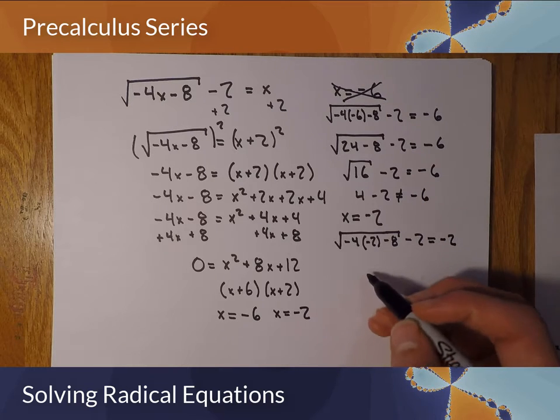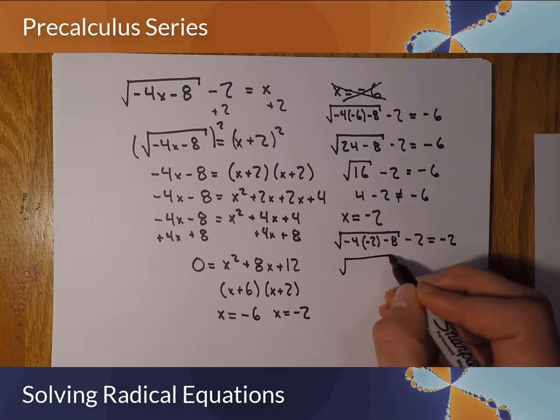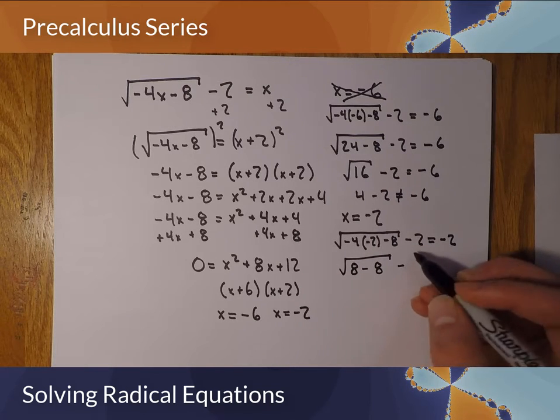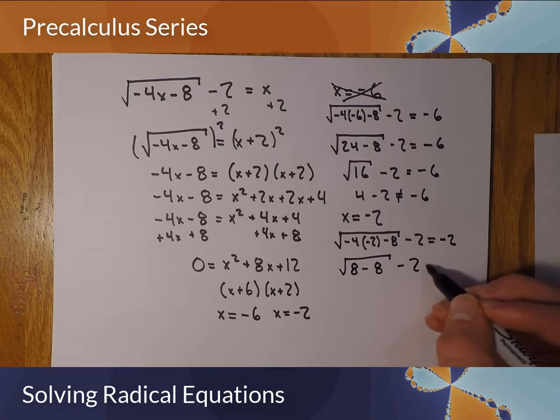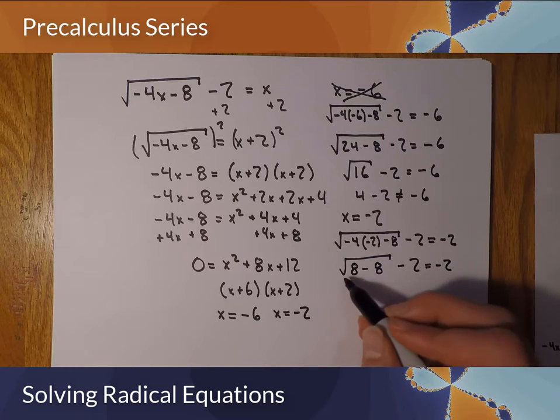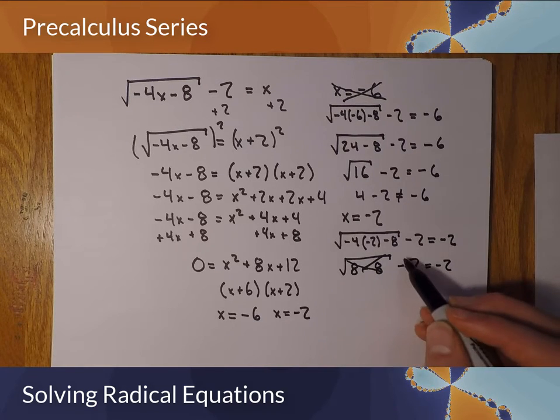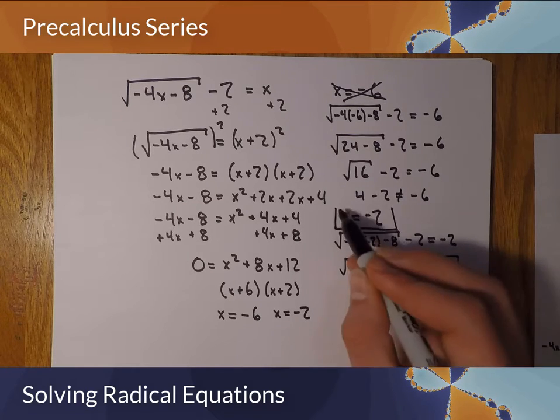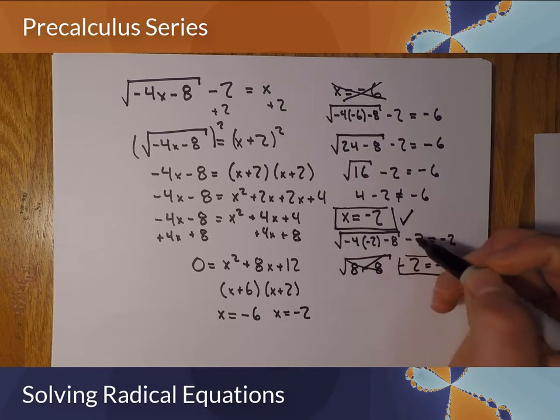And so now what we have is square root of 8 minus 8, and then we have minus 2 equals negative 2. And since this goes to 0, negative 2 equals negative 2. So x is equal to negative 2, and that's our solution right there.